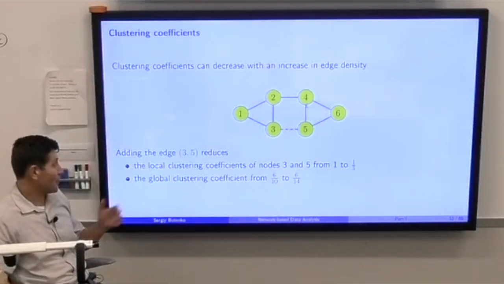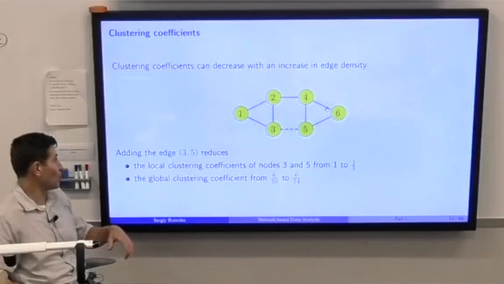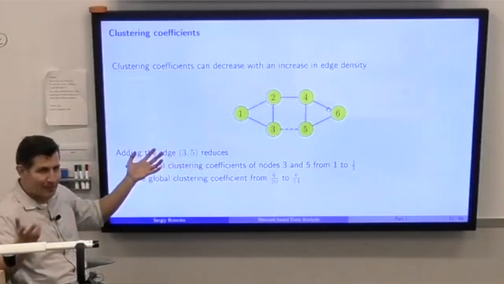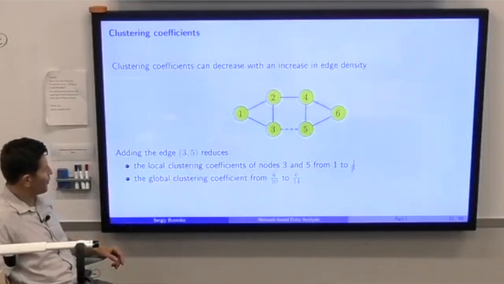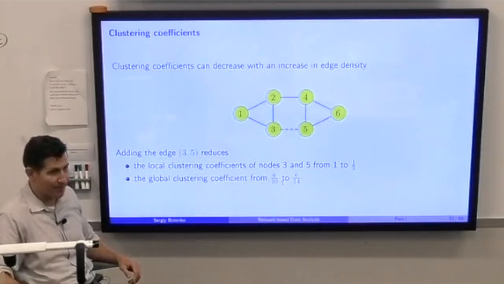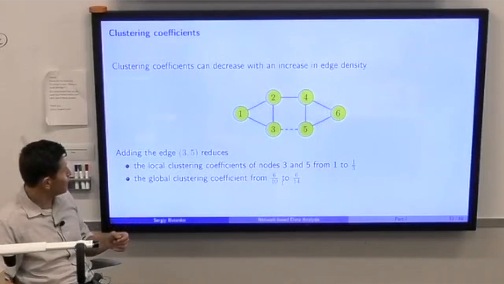It cannot be higher than that. But then you introduce a new friendship here, and all of a sudden they have many friends, and it's not very well clustered, so the local coefficient for them drops to 1/3, and the global clustering coefficient of the whole network drops from 6/10 to 6/14. So this is an interesting property to observe.